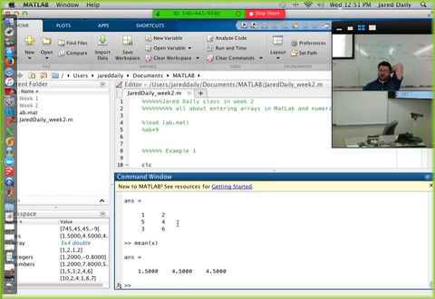So 1 plus 2 is 3, divided by 2 is 1.5. Then 5 plus 4 is 9, divided by 2 is 4.5. Same with 3 and 6, it's 9 divided by 2, which is 4.5. So it gives you the mean of each row if you just type in the array.